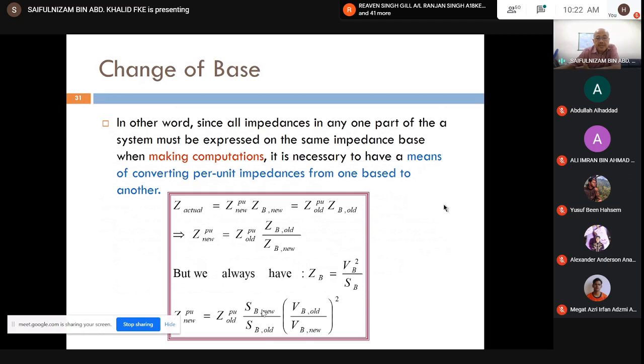In other words, since all impedances in any part of the system must be expressed on the same impedance base when making computation, it is necessary to have a means of converting this per unit impedance from one base to another base. So remember, for the whole system, there is only one reference value or base value.